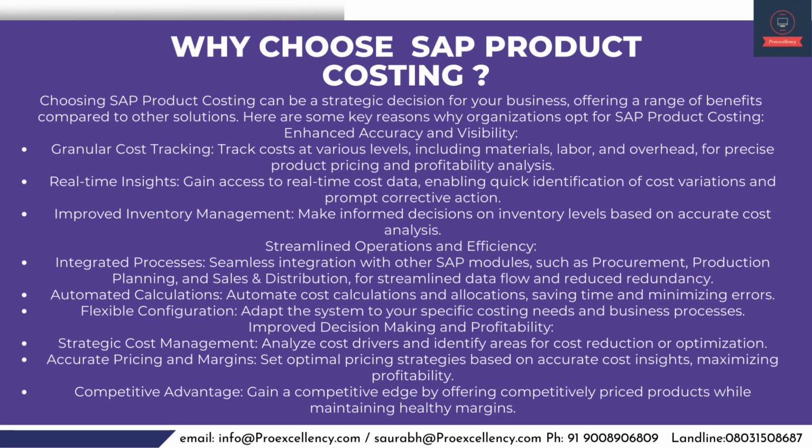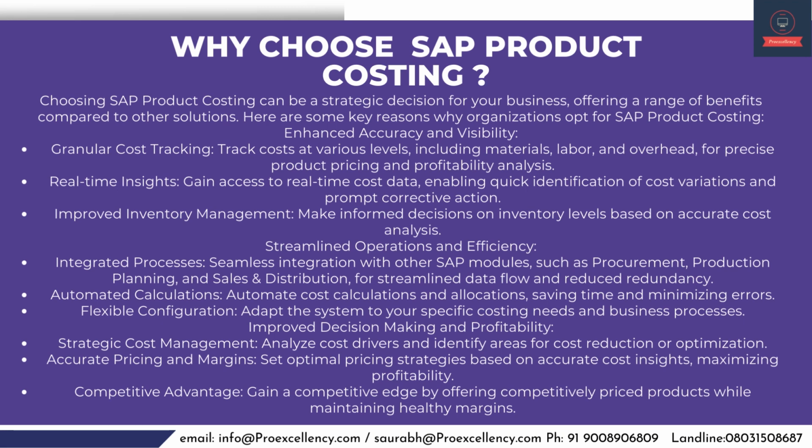Track costs at various levels, including materials, labor, and overhead, for precise product pricing and profitability analysis. Real-time insights. Gain access to real-time cost data, enabling quick identification of cost variations and prompt corrective action. Improved inventory management. Make informed decisions on inventory levels based on accurate cost analysis.